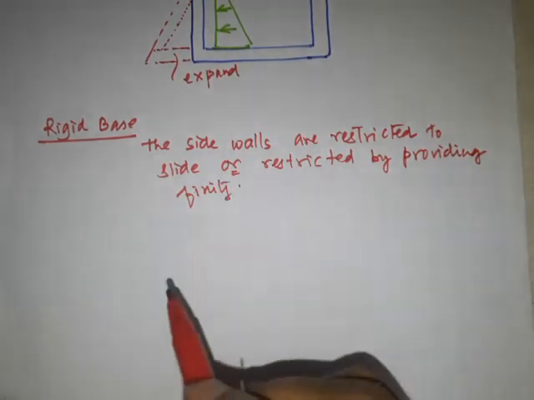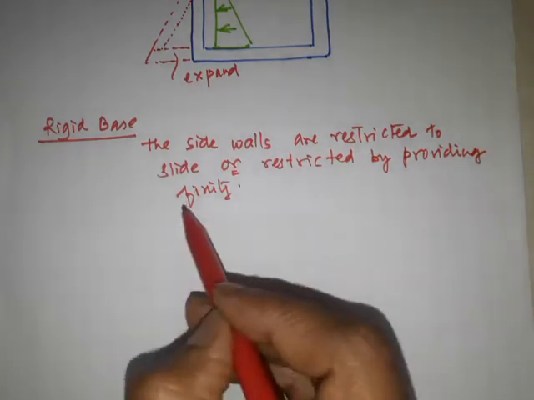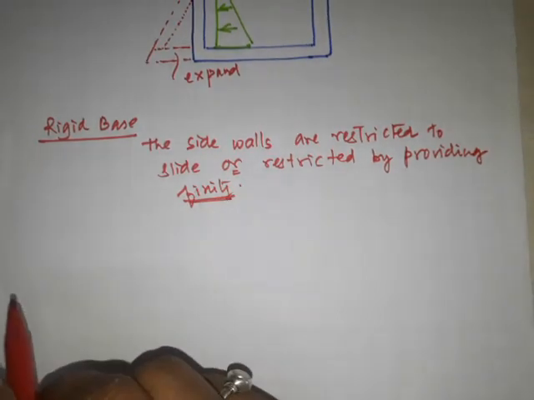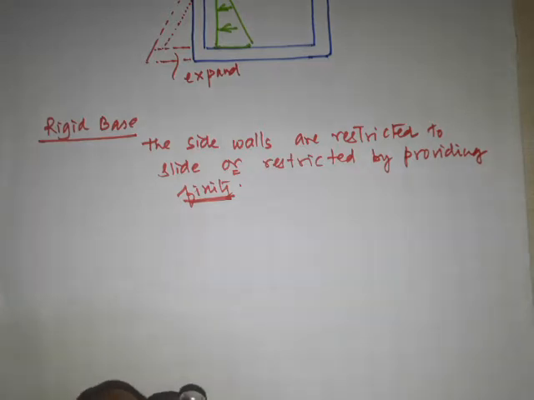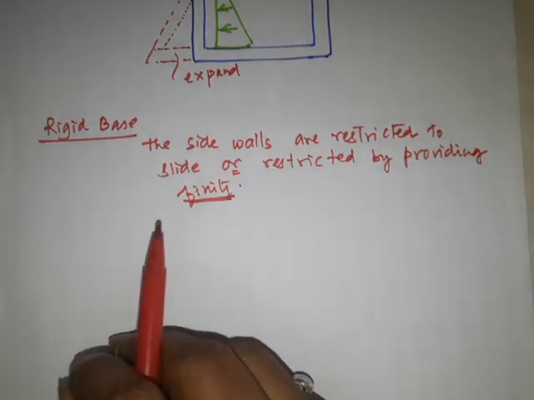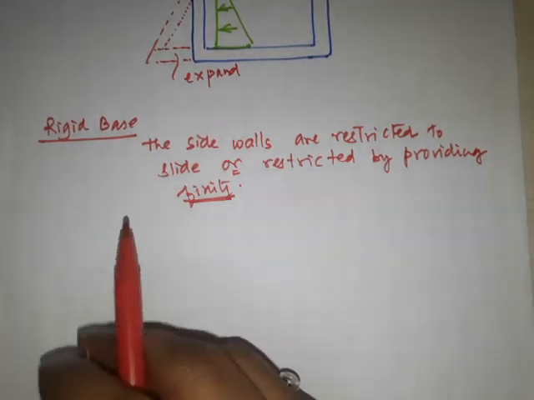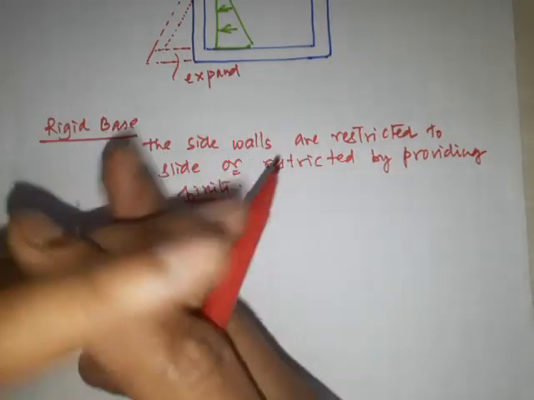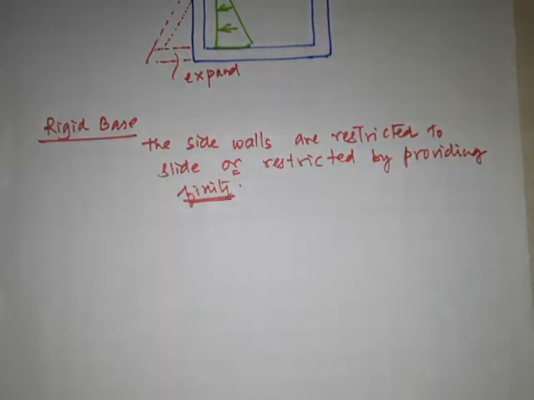As I told you, this is how you generate the fixity there, how you make that joint fixed: because of the reinforcement crossing each other, that is, the reinforcement from the side wall and even the base slab will cross each other and it will generate the fixity in the wall.